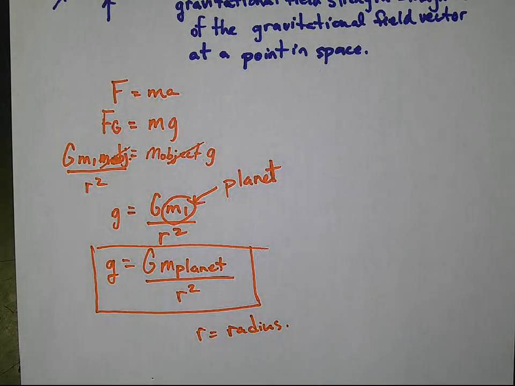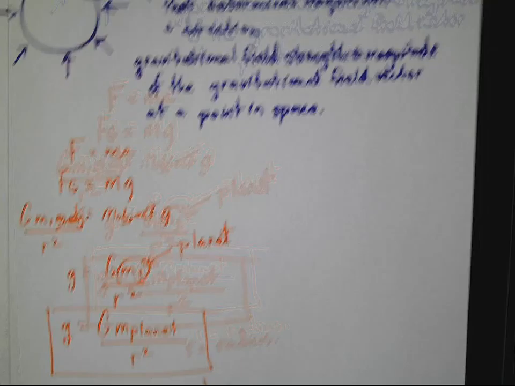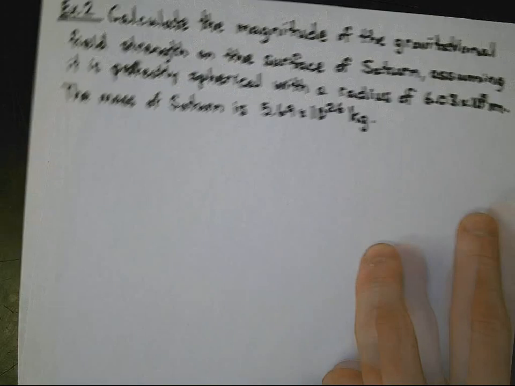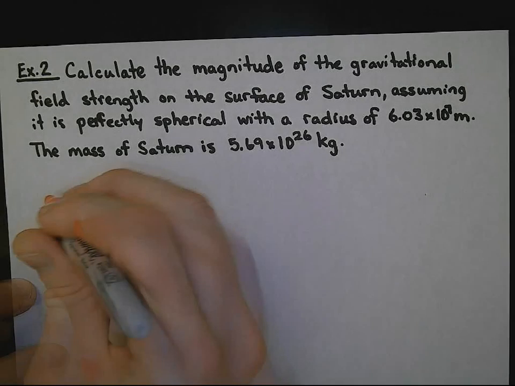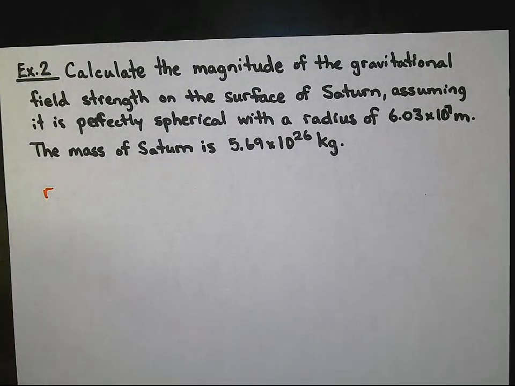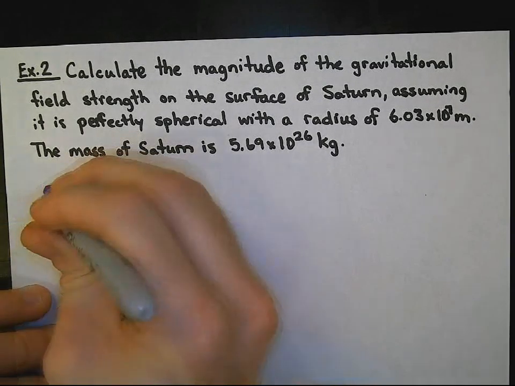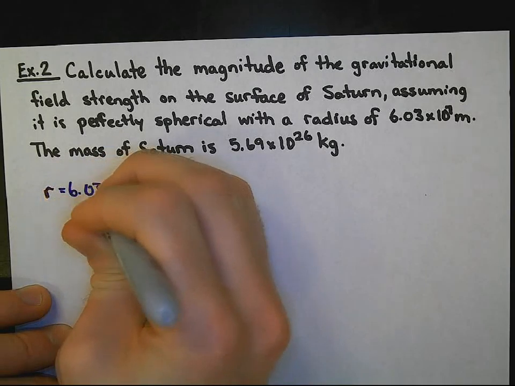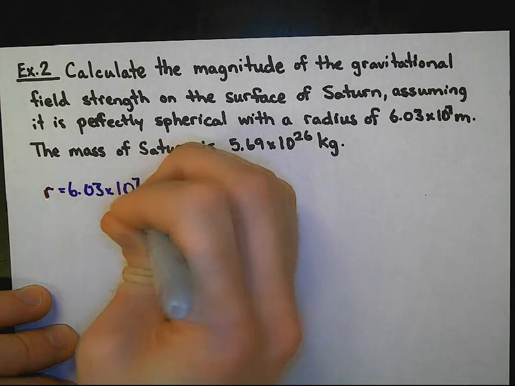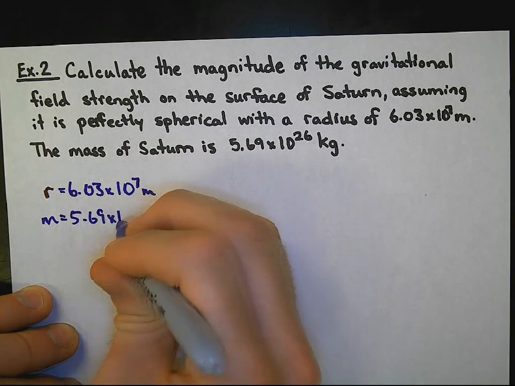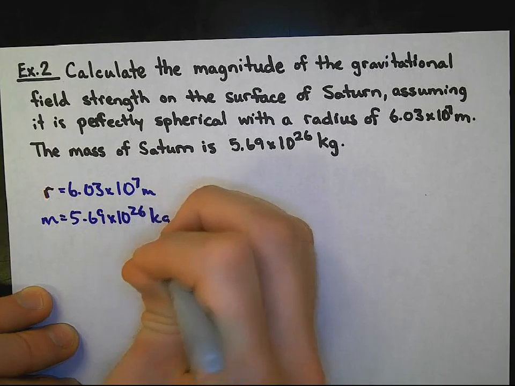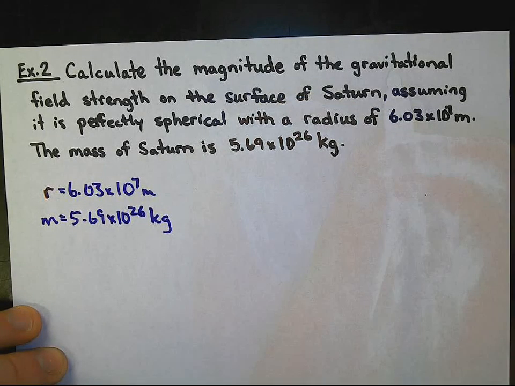So let's take Saturn, for example, with a radius of 6.03 times 10 to the 7 meters, and the mass of the planet is 5.69 times 10 to the 26 kilograms. We're looking to find the magnitude of that gravitational field strength, g.